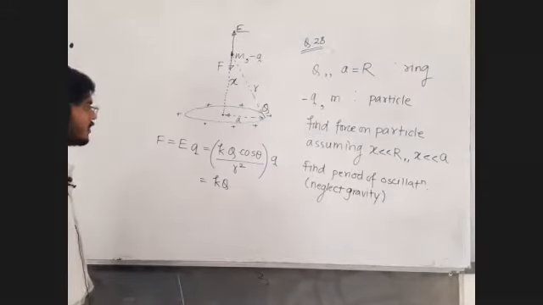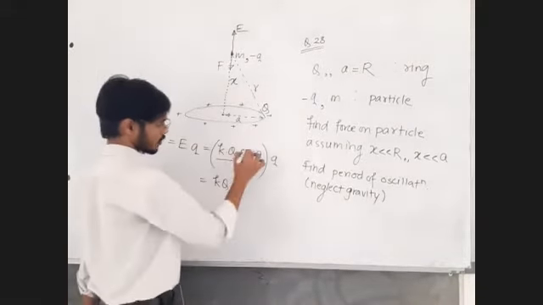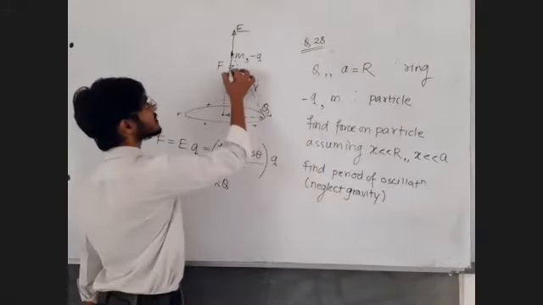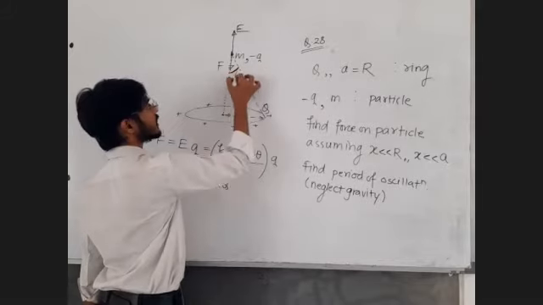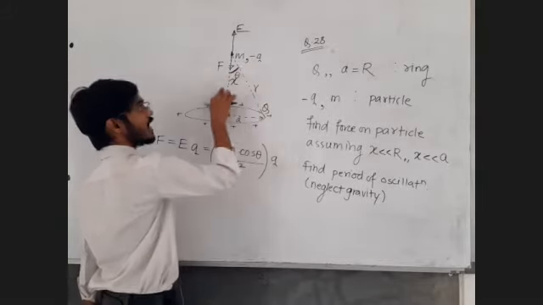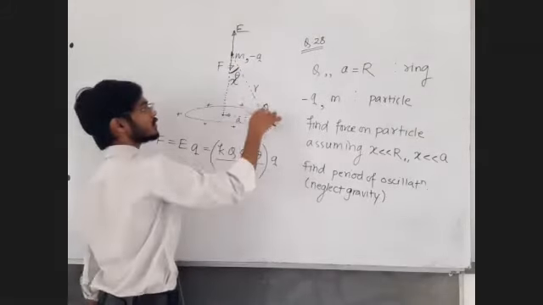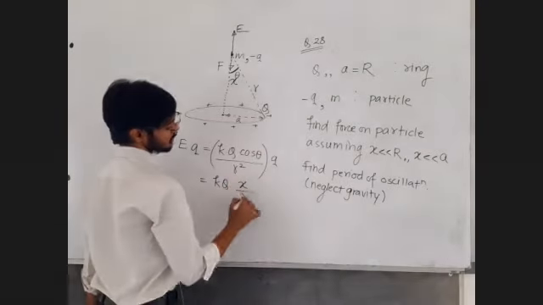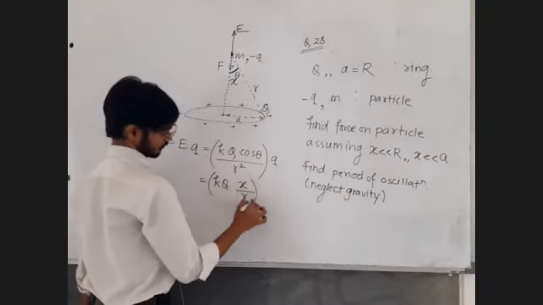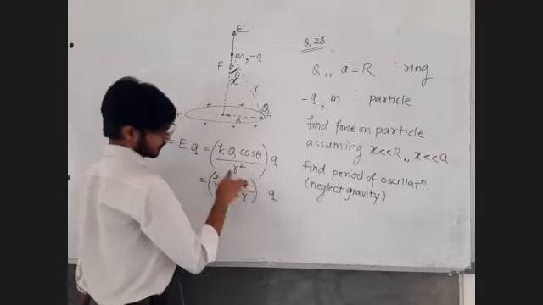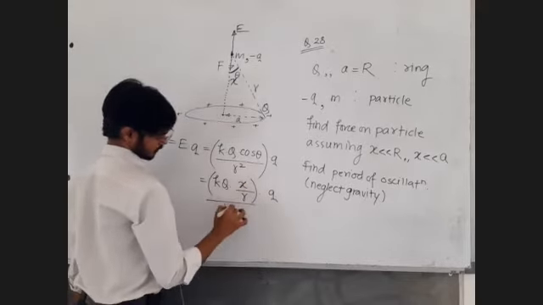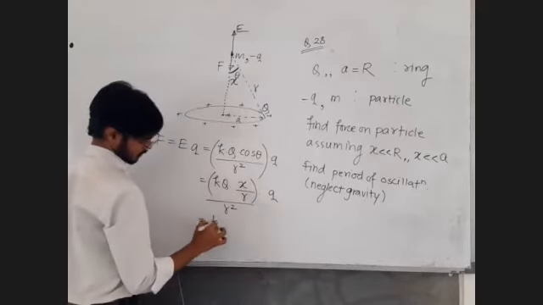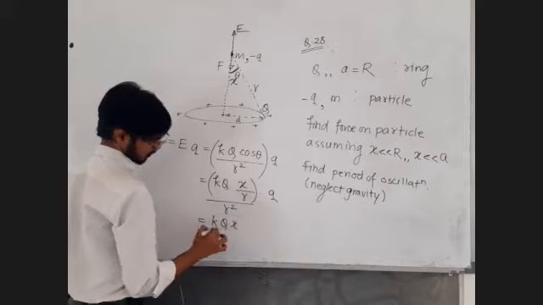Now after replacement, what is cos theta? Where is that theta? It is here. Adjacent is x, hypotenuse is r. Into this q as it is, divided by r square. What is the final answer? K into Q into q into x upon r cube.